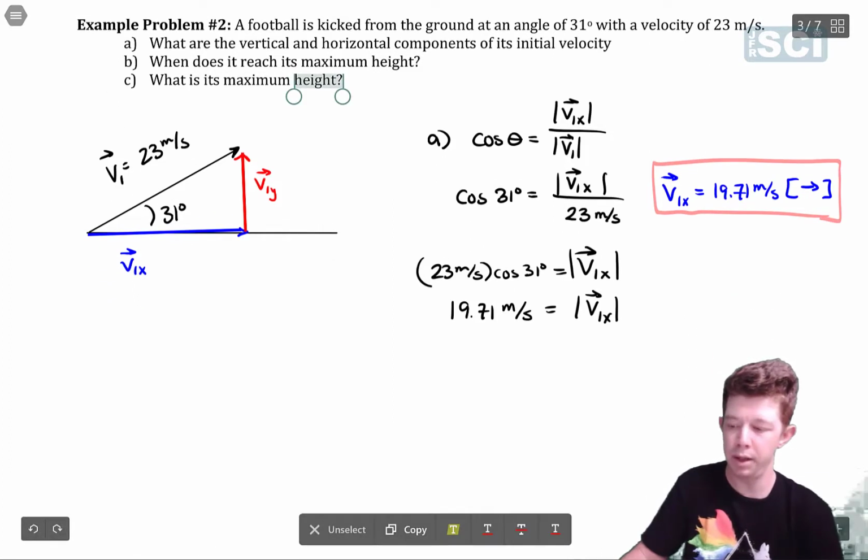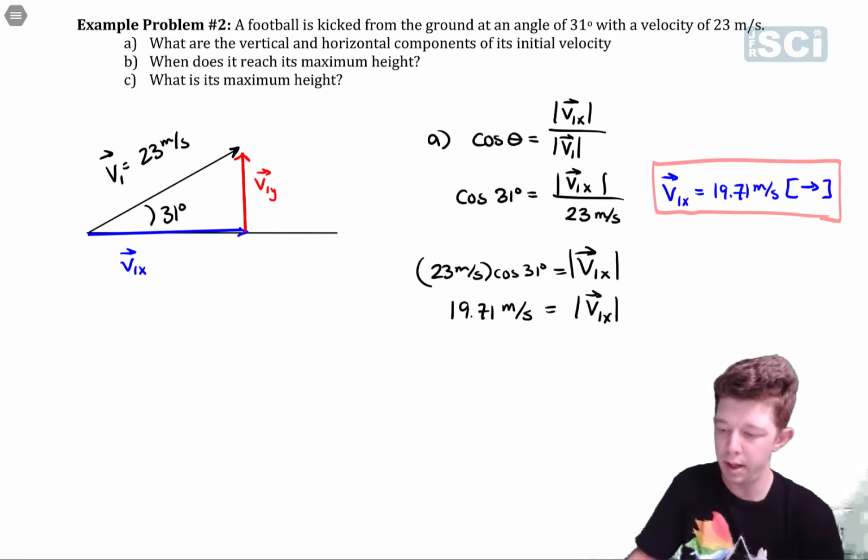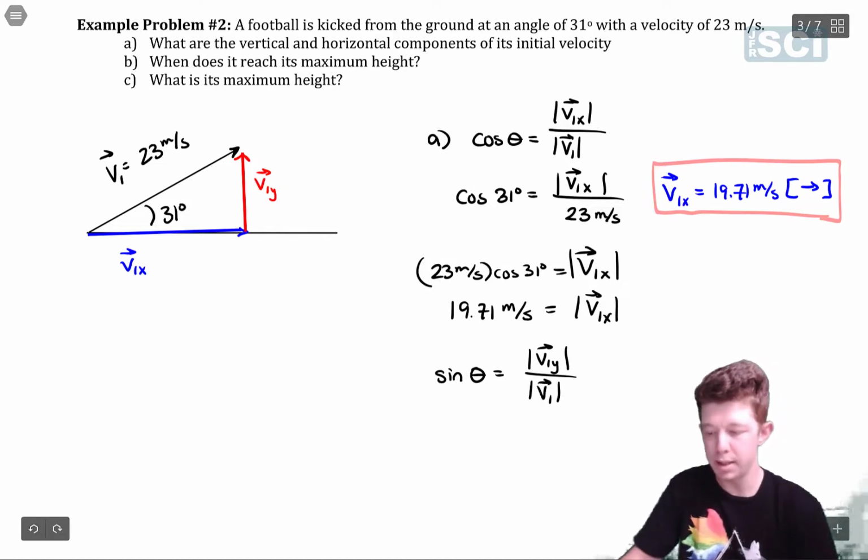Same thing could happen if I was looking for the y component of the initial velocity. So I can say sine of theta, opposite would be the v1y, divided by my magnitude v1. And let's go ahead substituting the values.